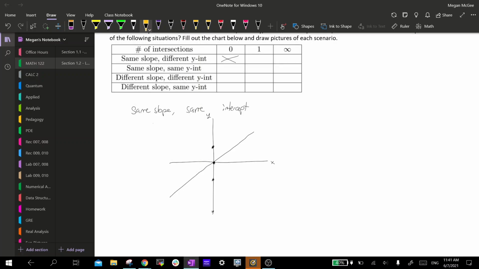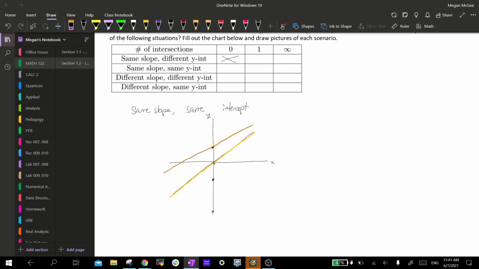So same slope, same intercept. Well, is that not just the exact same line? What about here? All right, so this line, again, would be straighter, and same slope, same intercept. Purple's going right on top of the yellow there.